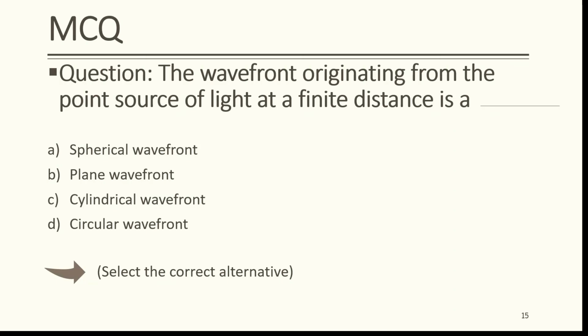The wavefront originating from the point source of light at a finite distance is a. You are given four options. You have to select the correct one. The wavefront originating from the point source of light at a finite distance is a spherical wavefront.